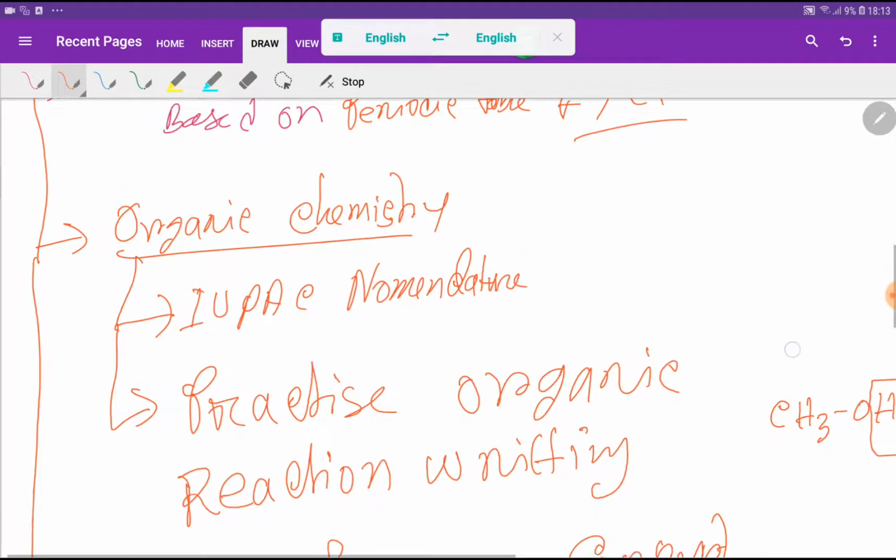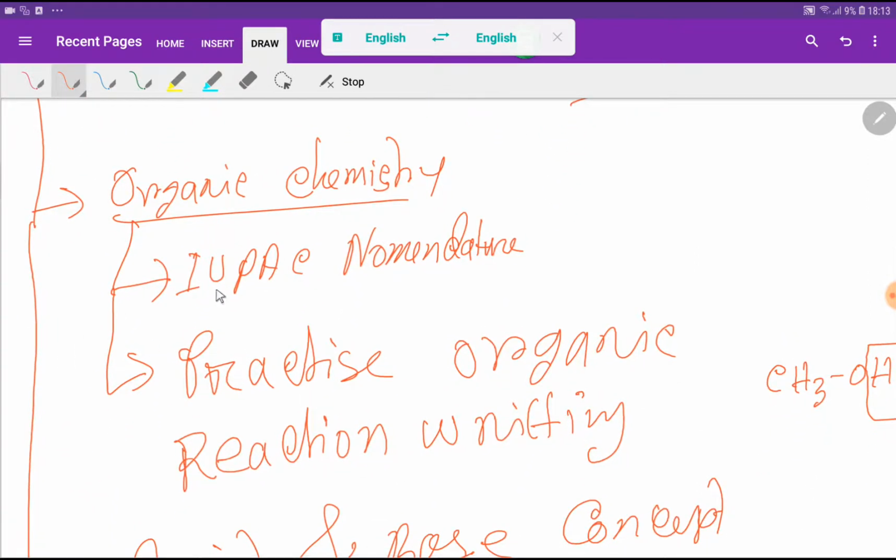However, when you are going to learn chemistry, then organic chemistry will come before you, right? Okay. To be skillful in organic chemistry, you have to know how to name hydrocarbons using IUPAC rules, right?